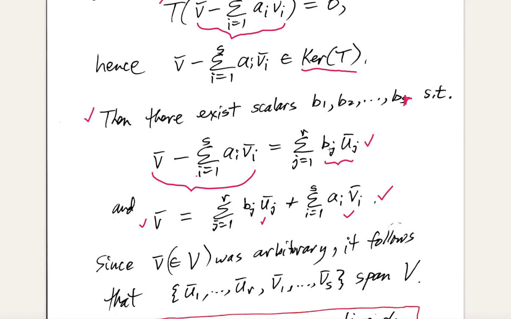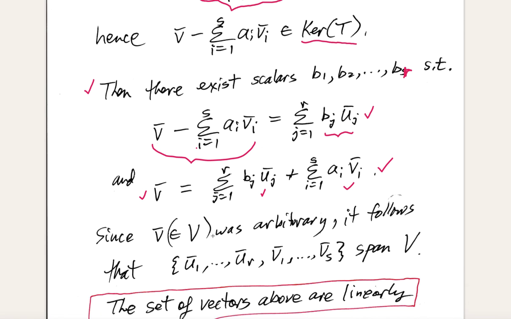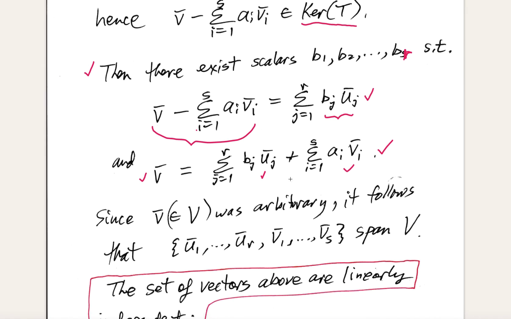Well, V bar was arbitrary, right? It was from cap V, but it was otherwise arbitrary. But I've clearly expressed that arbitrary V bar as a linear combination of the U's and V's. So that means what? The U's and V's must span the space V.